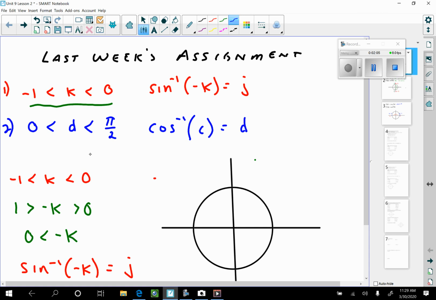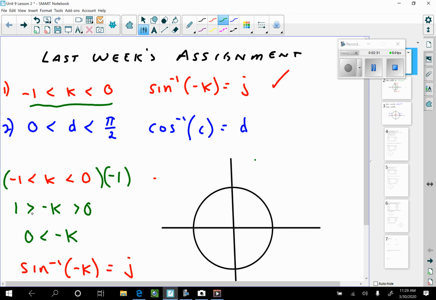So let's begin working on number one. And I'm going to start off with the original statement that k is between -1 and 0. And if k is between -1 and 0, if I multiply this whole inequality by -1, and you'll see why I'm going to do that in a minute, then -1 times -1 is 1. And when I multiply an inequality by a negative, the sign switches.